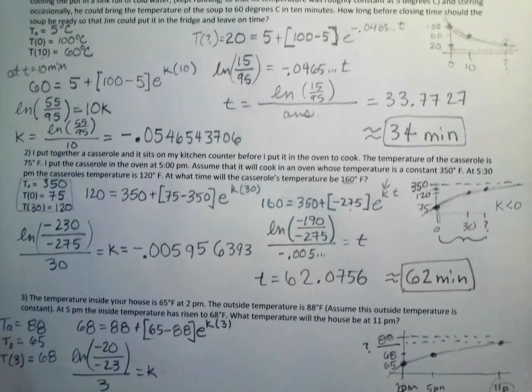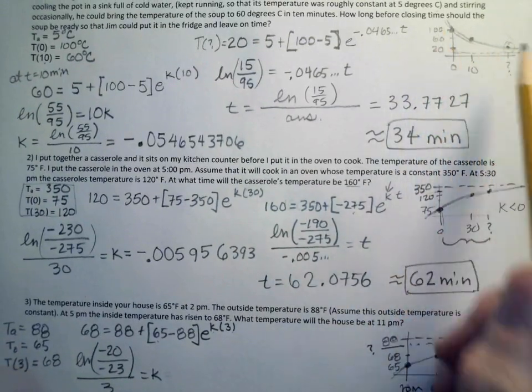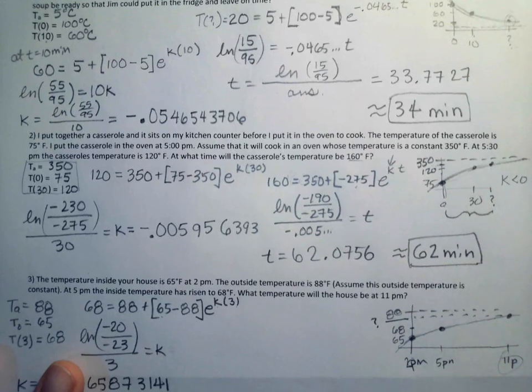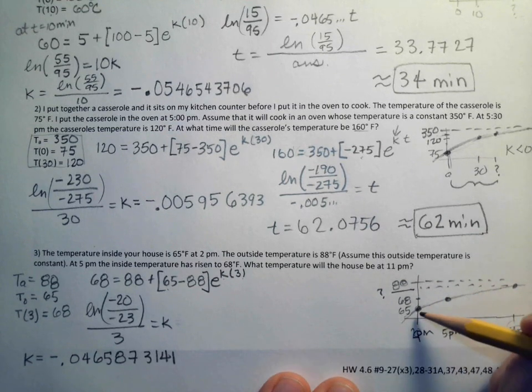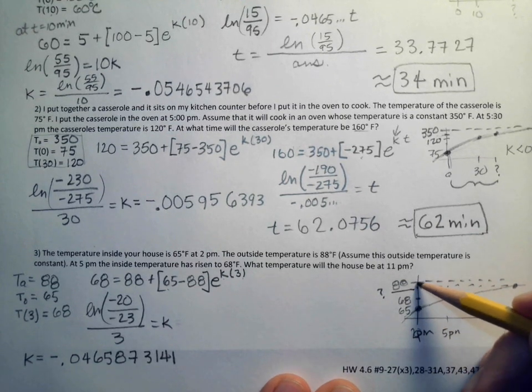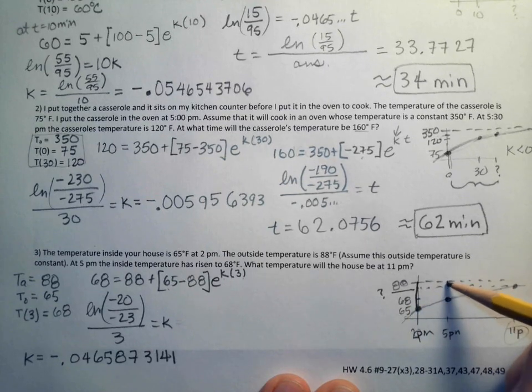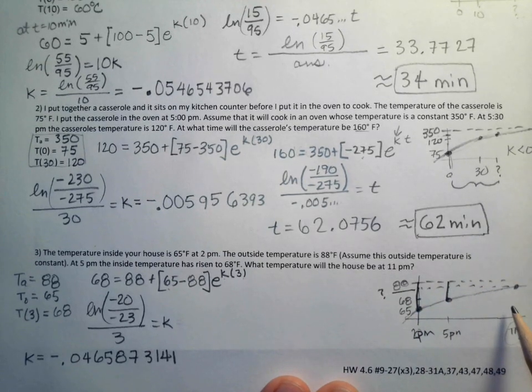All right, so again, it's negative with all this law of heating and cooling. Whether the temperature is decreasing or rising like these two were, you're still going to get a negative K value because we're approaching an asymptote. So the difference in the temperature and the ambient is decreasing as time goes on.